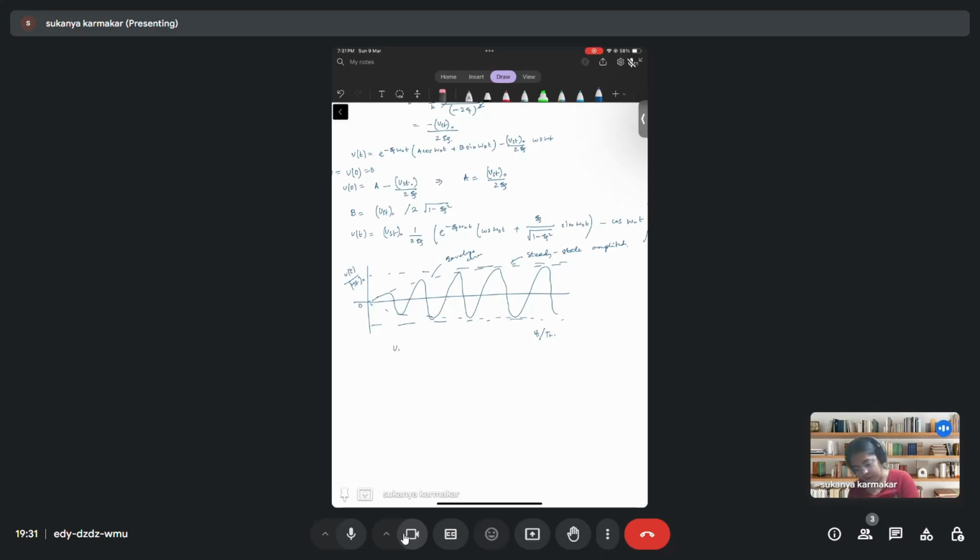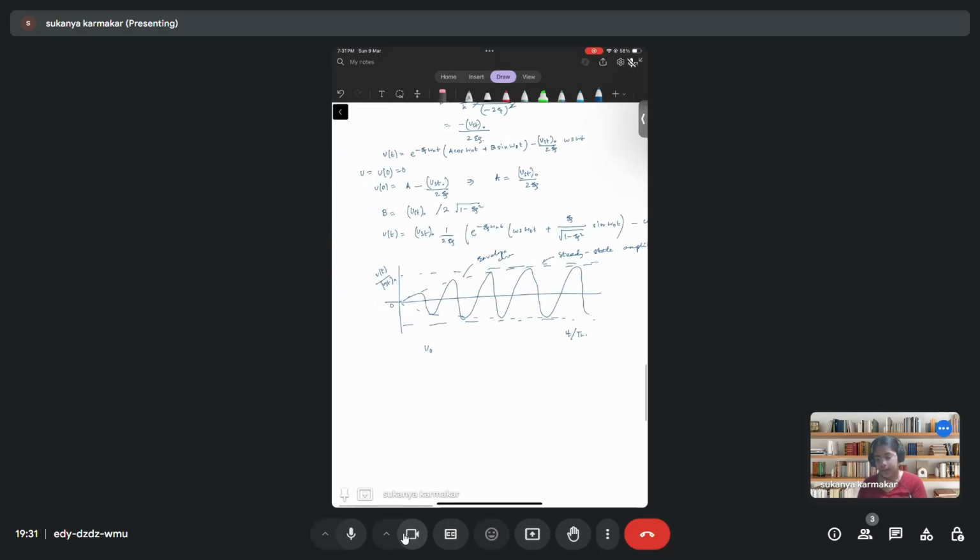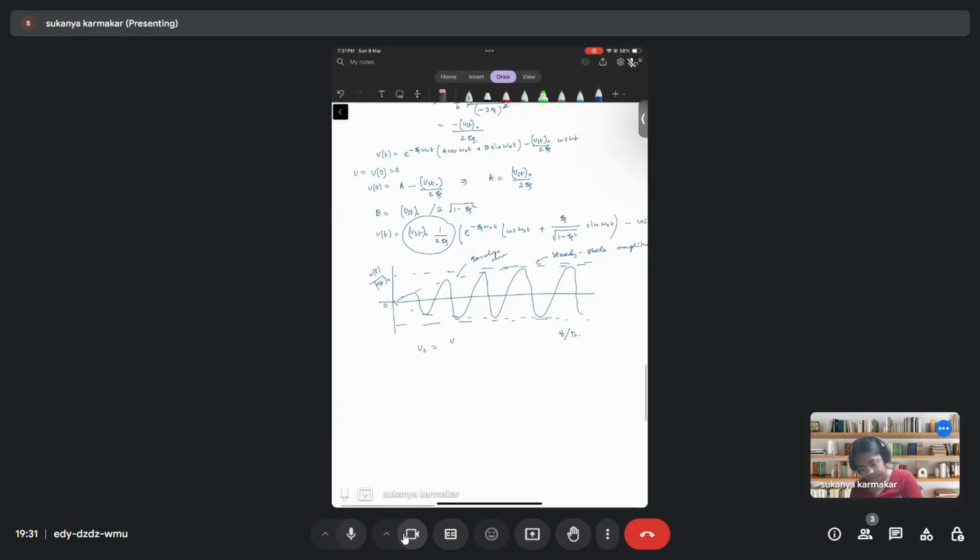You can see it from this equation itself, that is at the bounding 1 by 2 zeta. Yeah, so this is what you will reach. So this can be used for calculating the damping present in the system. I will just show you an example.